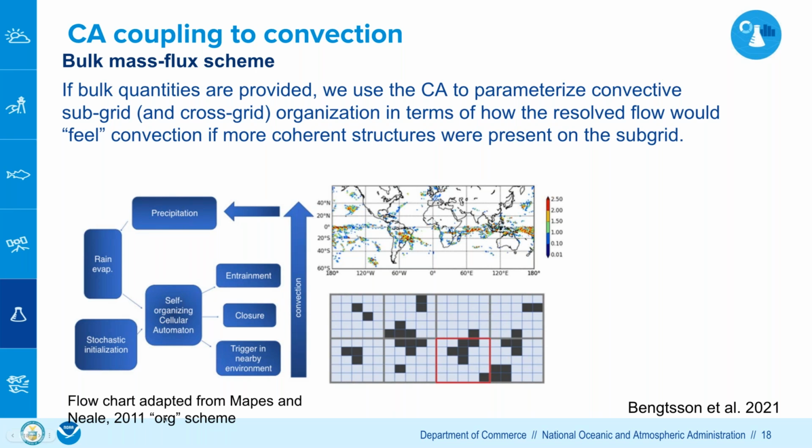This flow chart is adapted from Mapes and Neal from 2011, and they had this 2D org field sitting here, and kind of the same idea, that that's a positive feedback. So we forced the cellular automata with the subgrid rain evaporation to mimic this idea of cold pools developing. So that's kind of the main idea.